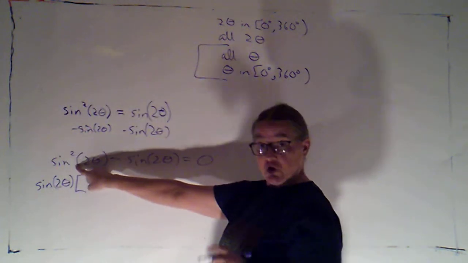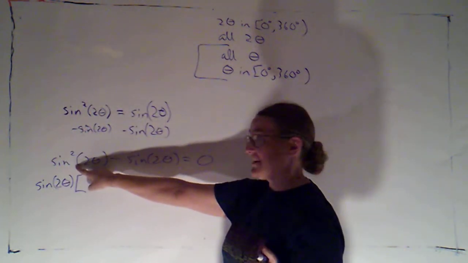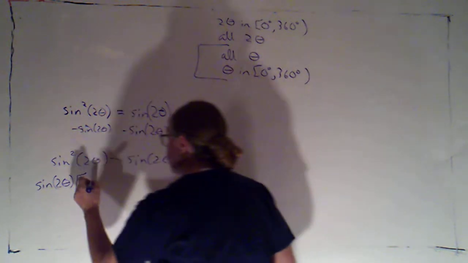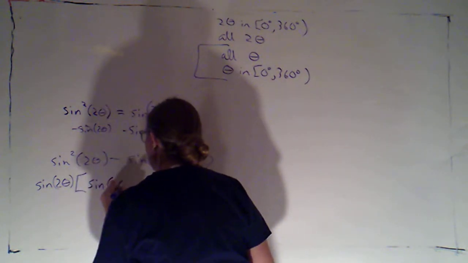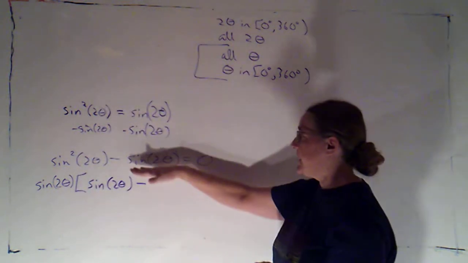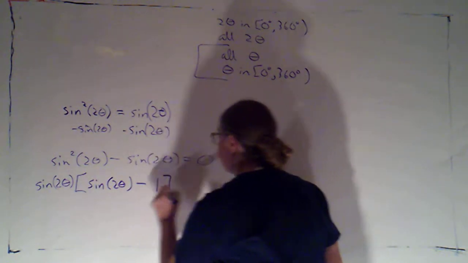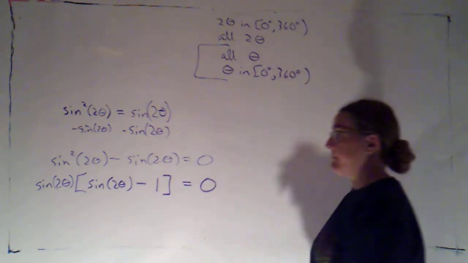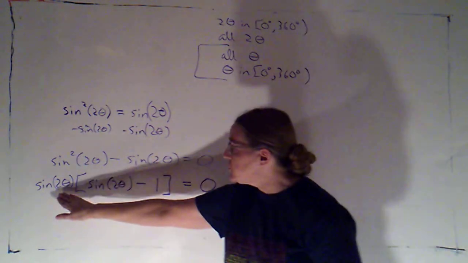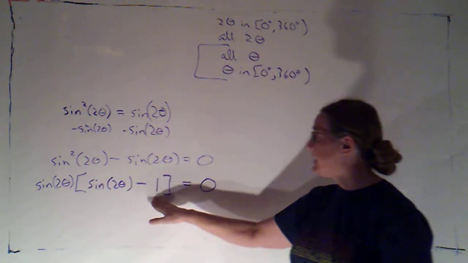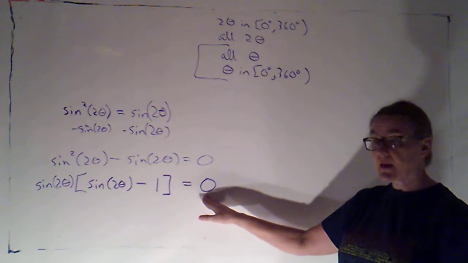Here, there were 2 factors of sine 2 theta, because that's what sine squared means. So if I pulled out one of them, the other one is still there. Here, sine 2 theta, I factored that out. All that's left is a placeholding 1. So we get sine 2 theta times sine 2 theta minus 1 equals 0.